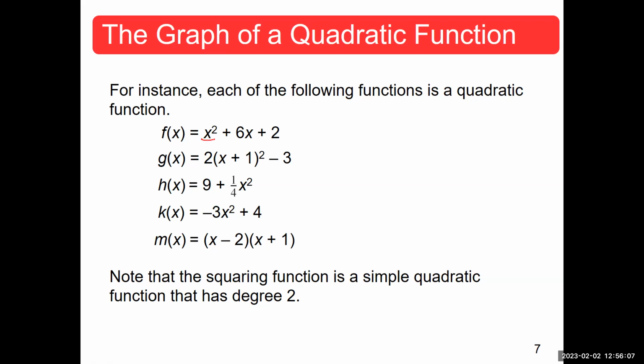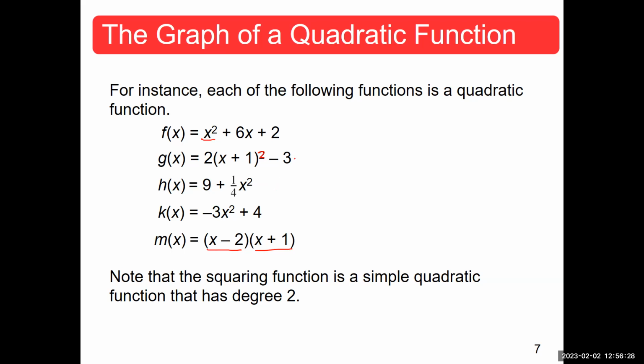We have x squared here, that's a quadratic function. We have a square here, quadratic function. X squared, quadratic. Now here, x minus 2 times x plus 1 is also a quadratic function.